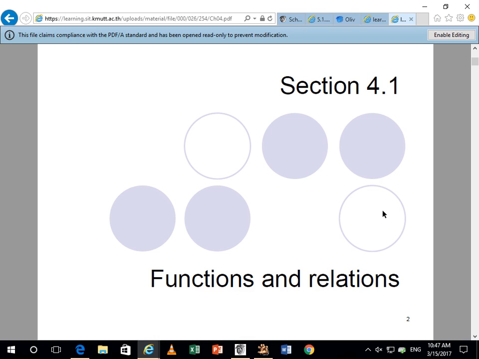Okay, next is chapter 4 on functions and relations. This is something that I believe all of you have taken in high school, or at least part of it. Because if you come from the science track in Thailand, or wherever you come from, you're supposed to have a science background to be able to enroll in computer science. So you would have seen functions and relations in some form.